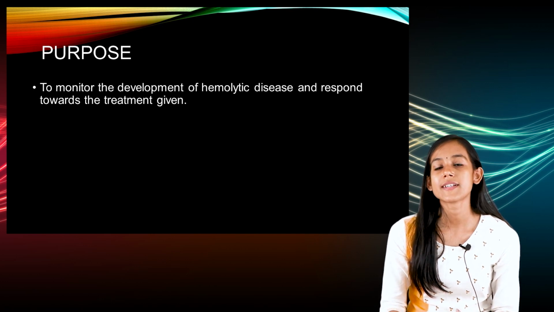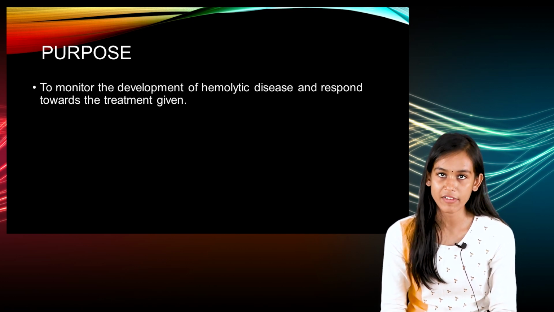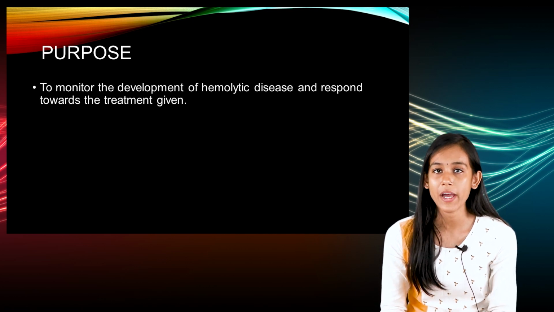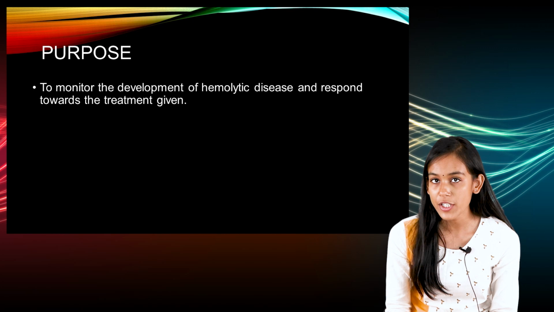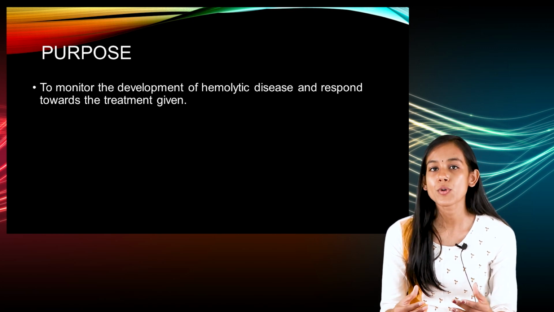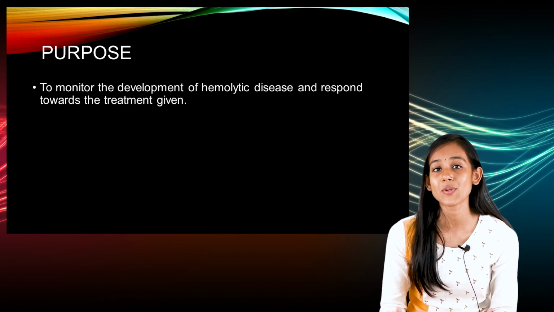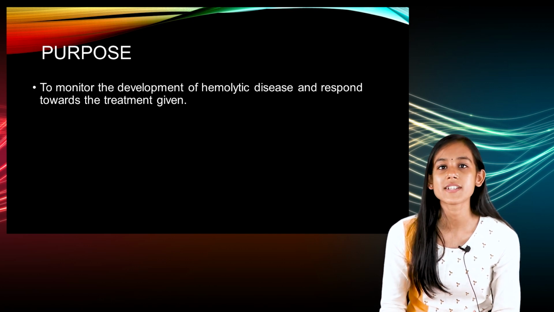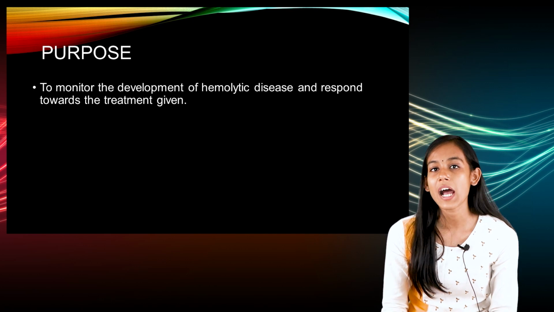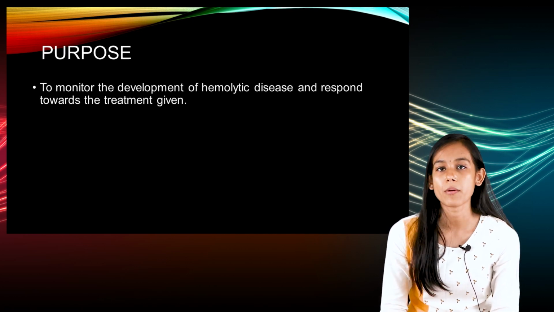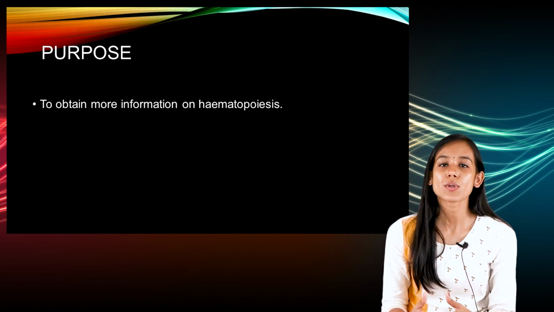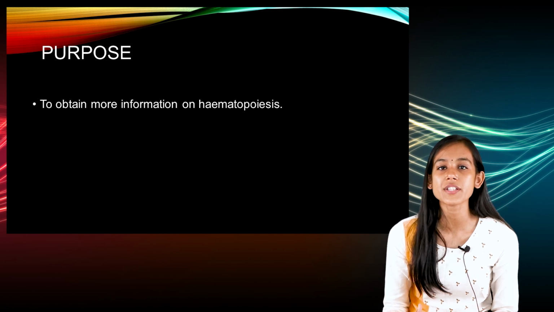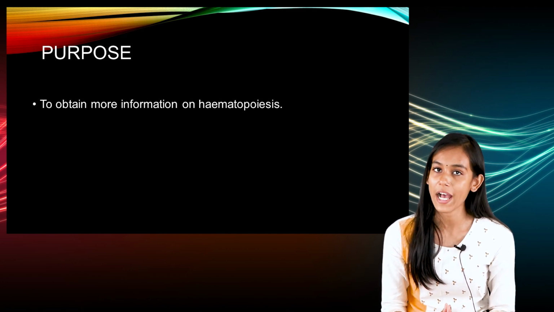Also, sometimes after the treatment is given, when we do bone marrow aspiration, we get to know whether the treatment is responding or not, and what the result is. So to evaluate the treatment being given to the patient, bone marrow aspiration is performed. And the next purpose is to obtain more information on hematopoiesis. These are some of the purposes for which we perform bone marrow aspiration.